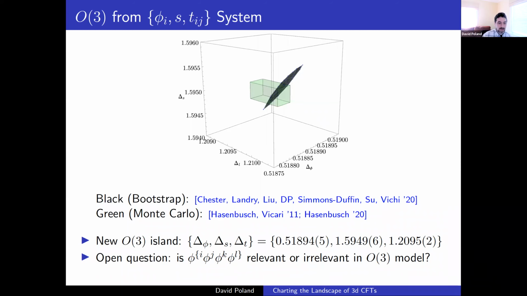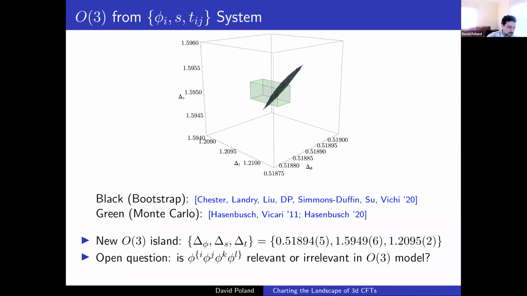So it seems to be an almost marginal operator. The more recent studies have pointed on the side of it being relevant, but a few studies point to it being slightly irrelevant. So it's a natural question for the Bootstrap to tackle. Can we determine whether this is relevant or irrelevant in the O3 model?